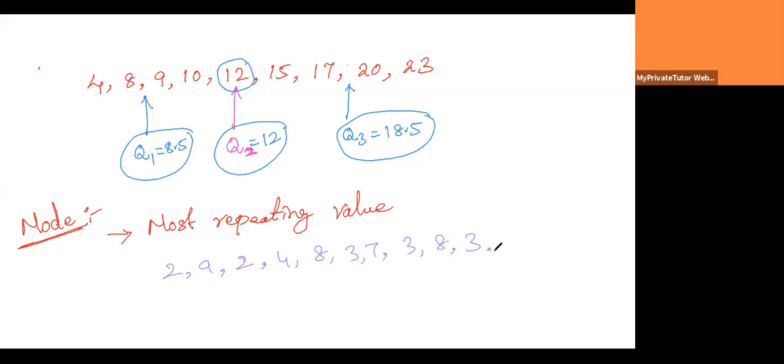Okay, in this one, what is the mode? I hope you guys know that. It's the number which repeats more times. Yeah, exactly. You can answer just three is the answer. So that's it for mode.